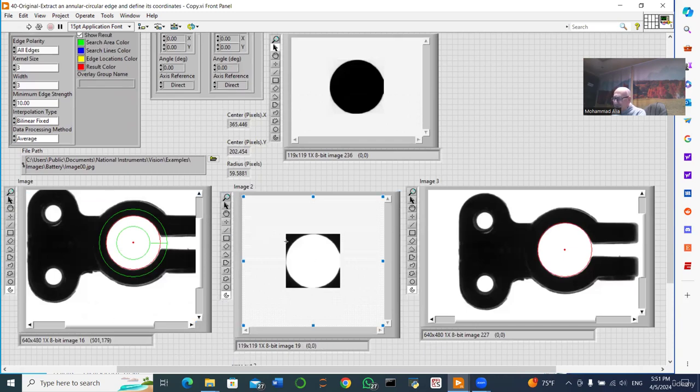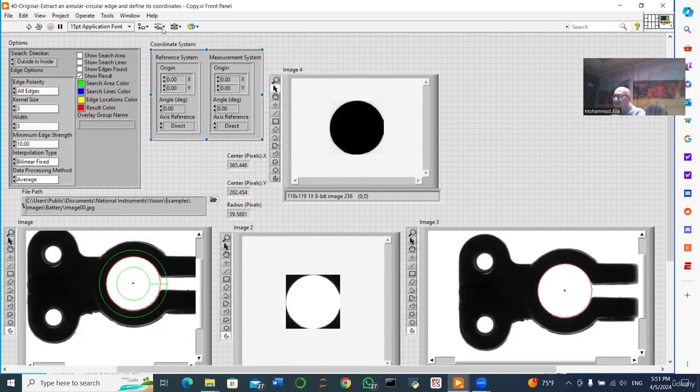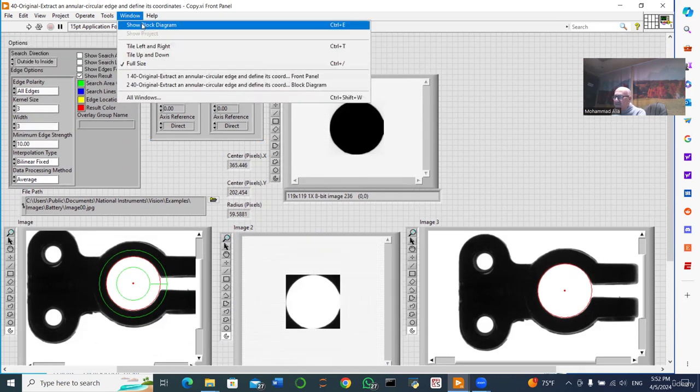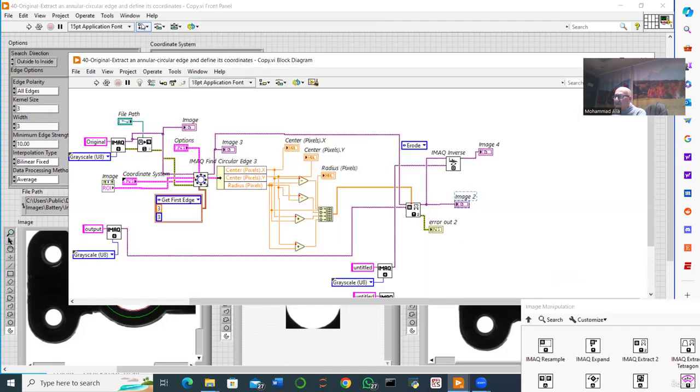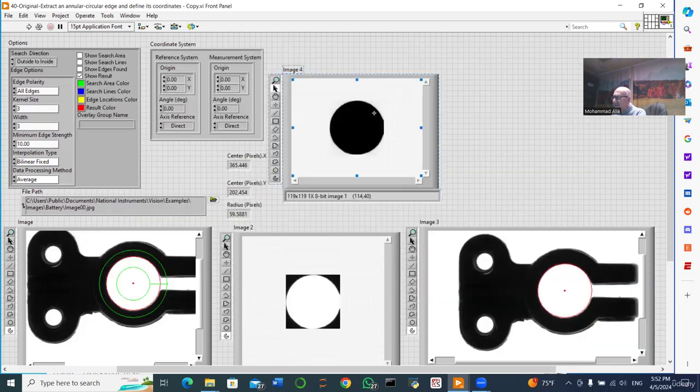And as you see here, we have these black corners, which are not of interest for us. What I have done, I have inversed the output through the IMAQ inverse function, and we got exactly the circle, as you see, with its coordinates seen by you.